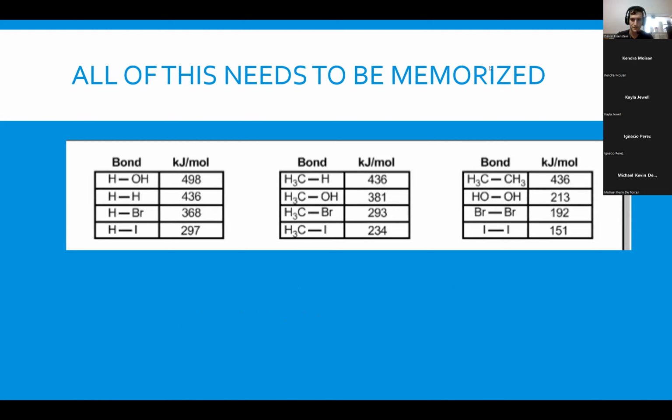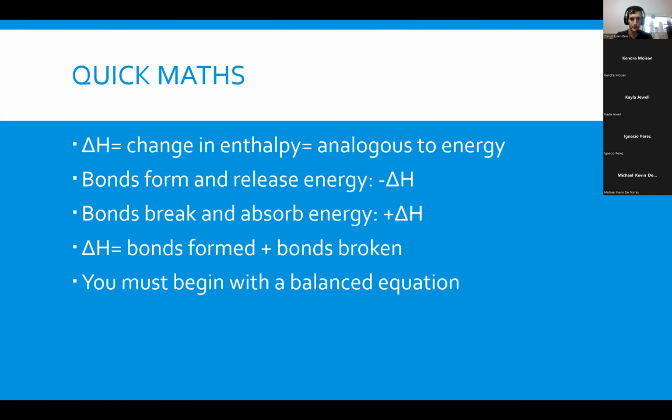All right. Here are just some values. Oh, here, I'll write it up again. My bad. I'm sorry. Delta H is going to be bonds broken, which is positive, minus bonds formed.